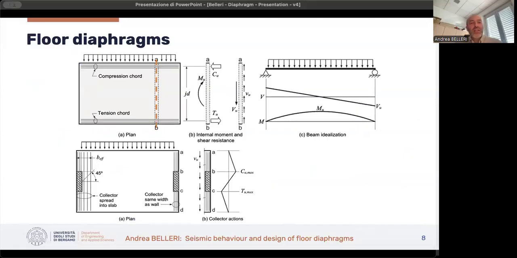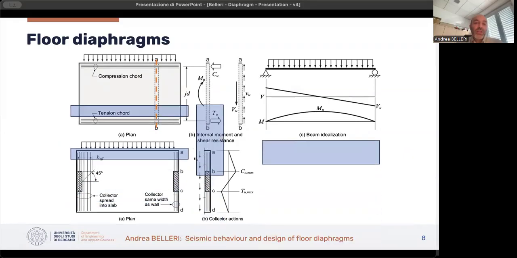Regarding floor diaphragms, we may consider them as a deep beam inside the building. They will be subjected to inertia forces, and the inertia forces will give rise to internal actions inside the diaphragm in terms of bending moment and shear loads.